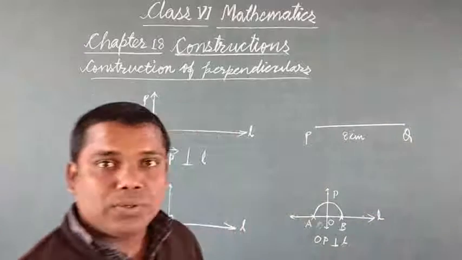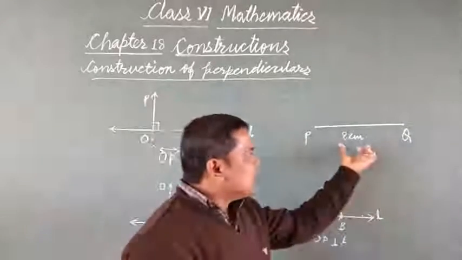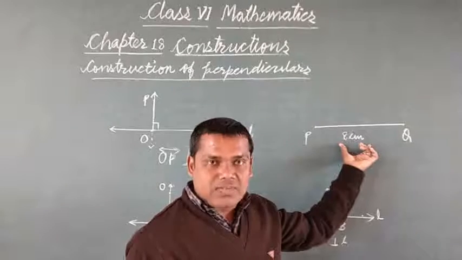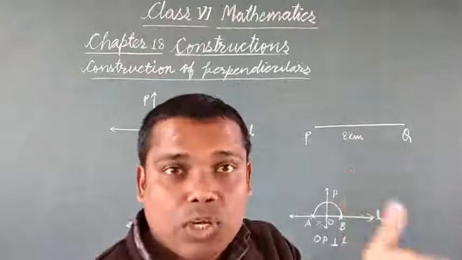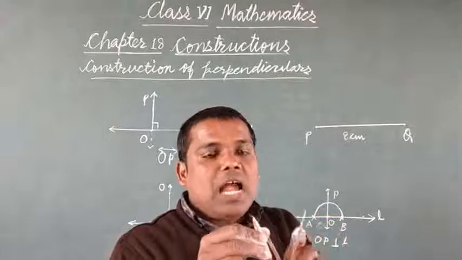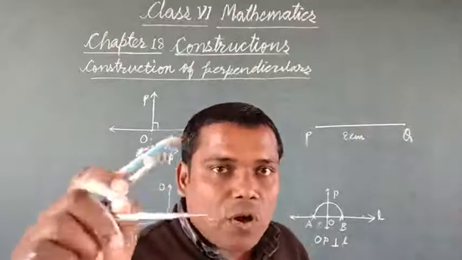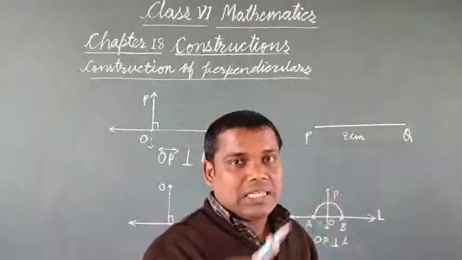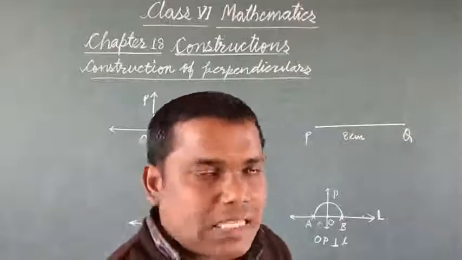Then how will we draw? As you know, this line segment has length 8 centimeter, then half of it is 4 centimeter. Now we will take our compass and measure more than half of the given line segment. Suppose half is 4 centimeter, then we will open it to 5 or 6 centimeter.